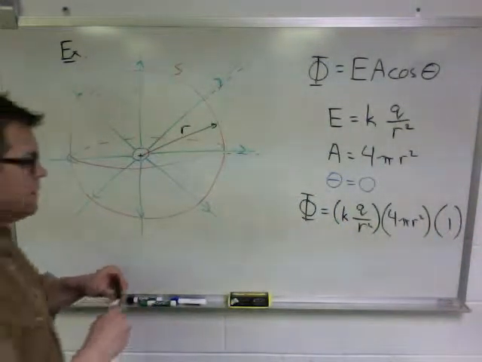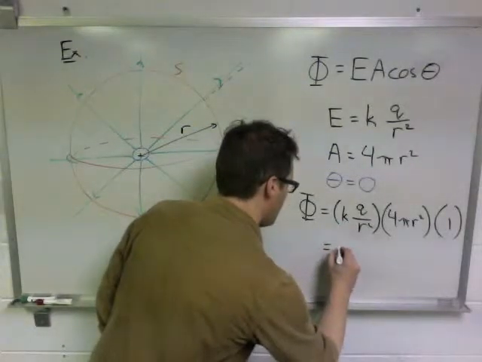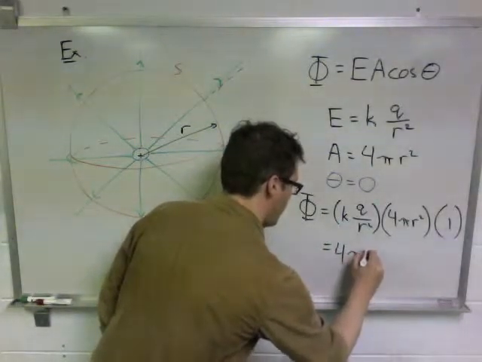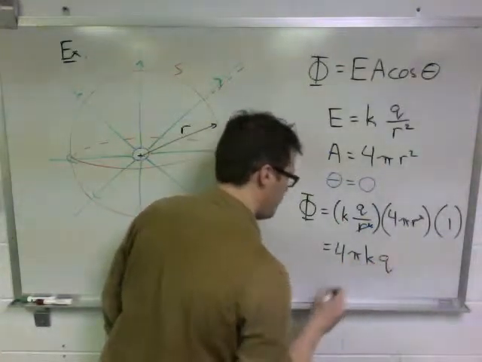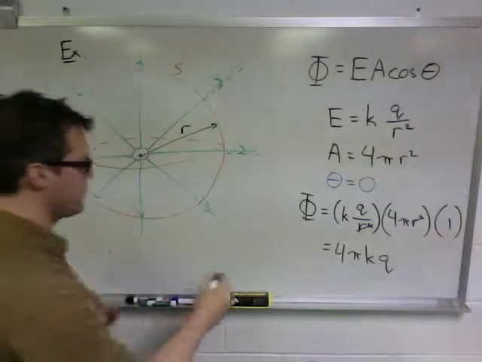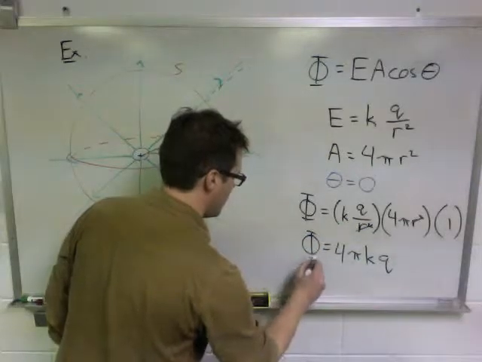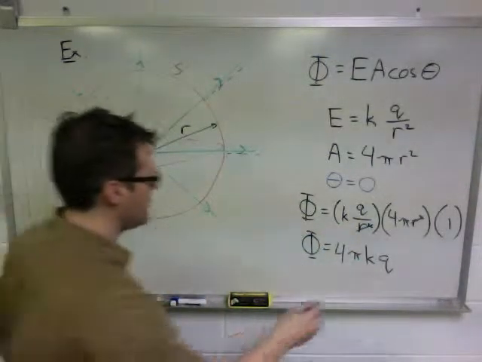And so I've got it. It is 4 pi k, the r squareds cancel, q. That is the flux through my surface. So that's the answer to the question.